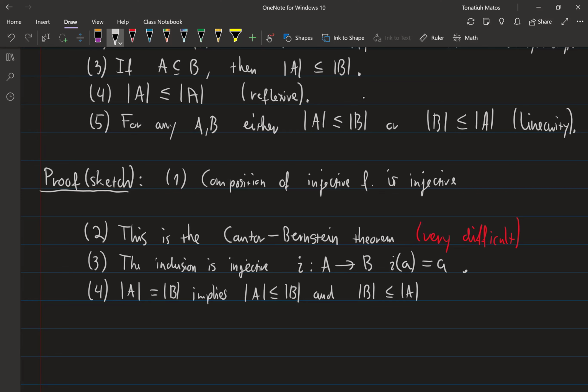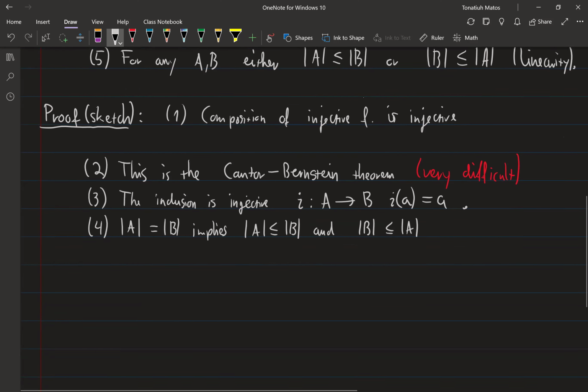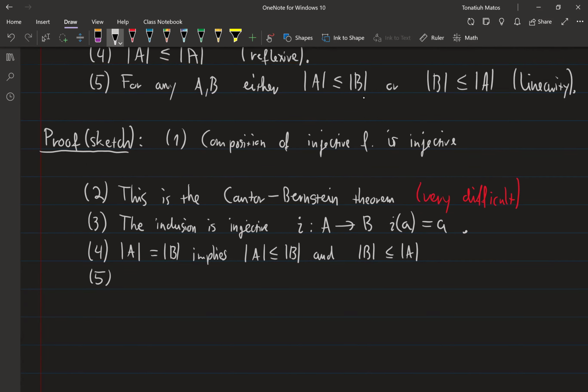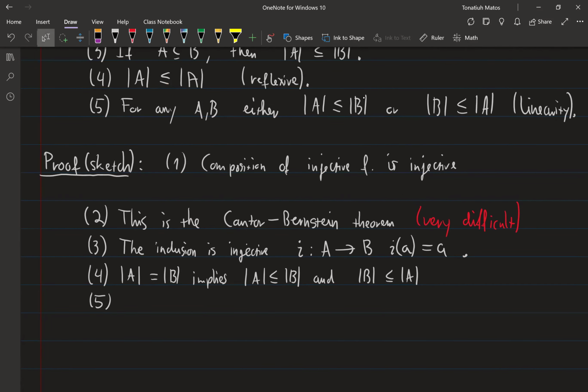This is obviously injective, right? For the same reason, this other function that I mentioned, the identity, is also injective. It's actually bijective in this case, but doesn't really matter. Now number 5, I won't prove because this one is actually surprisingly difficult as well. And even though I should say that you can use this, you will never really use this. You will never need this.